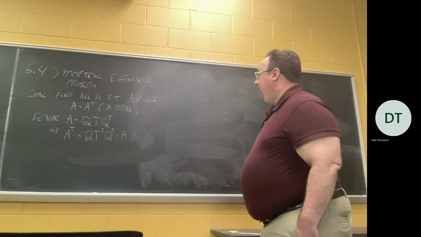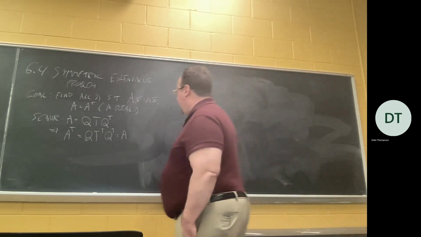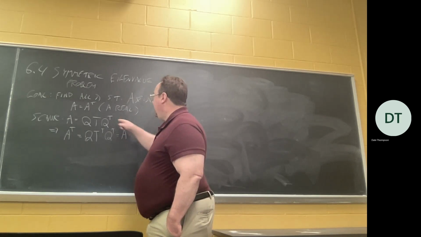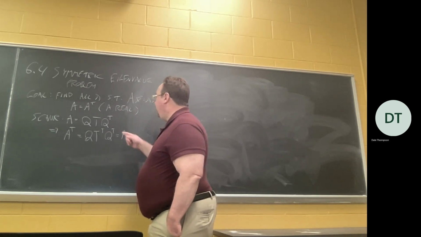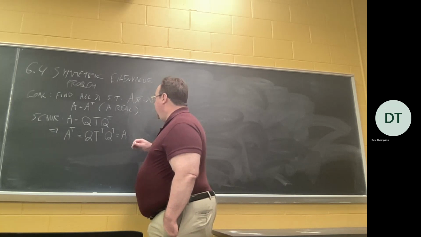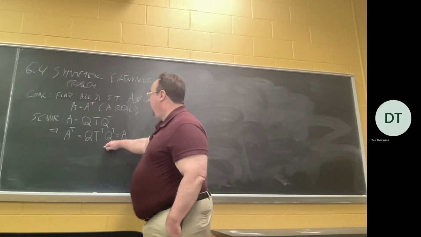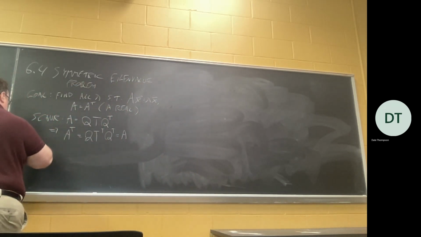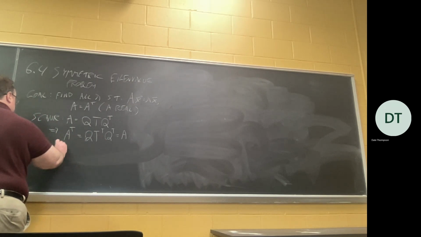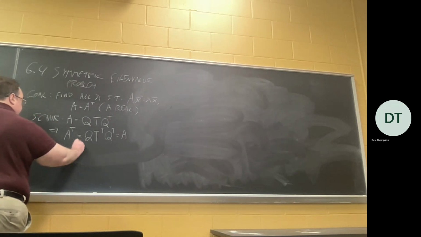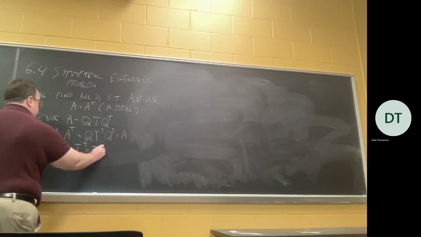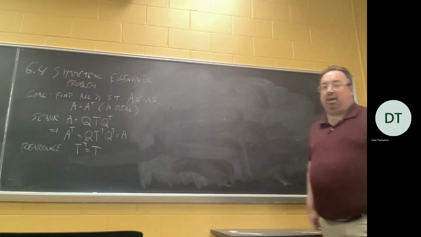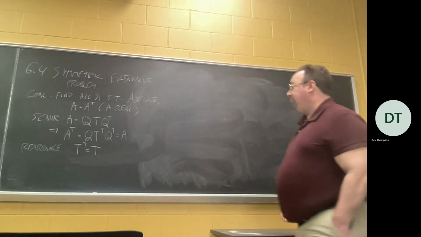So if you multiply both sides of this equation on the left by Q transpose and on the right by Q, and you do the same thing for this equation, you want both to be equal to A. Then we have T transpose is equal to T. So since A is symmetric, the T matrix from the Schur decomposition has to also be symmetric.